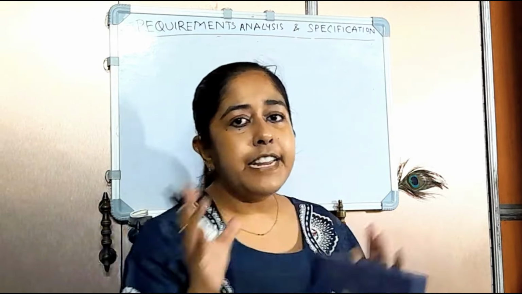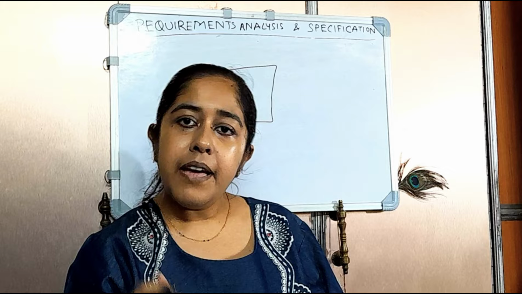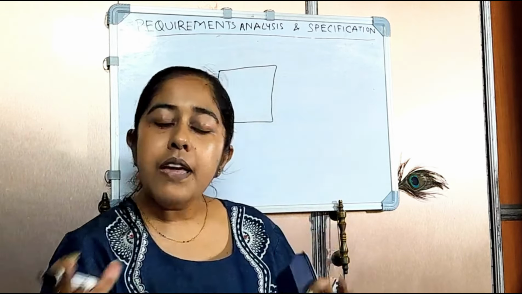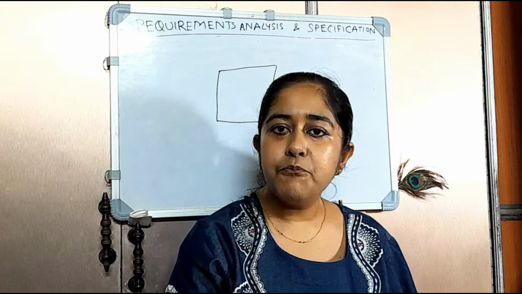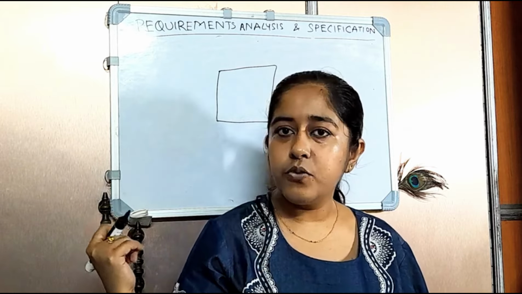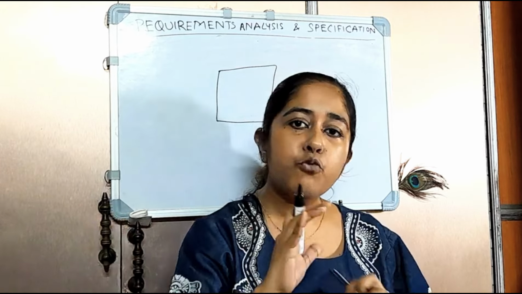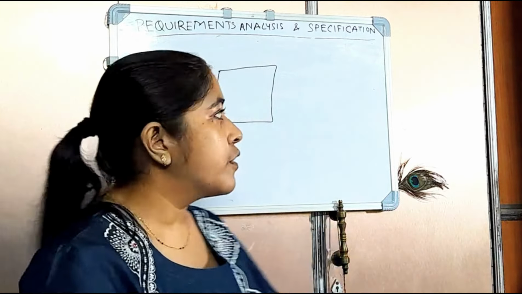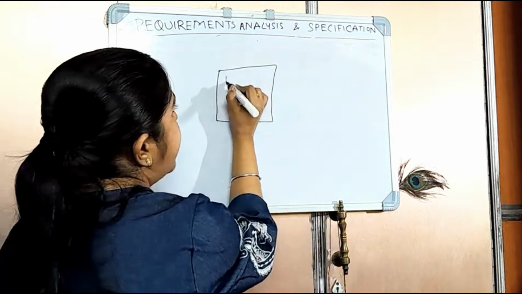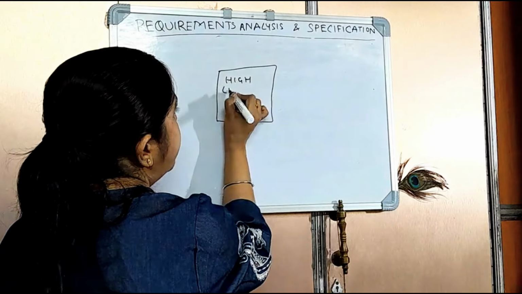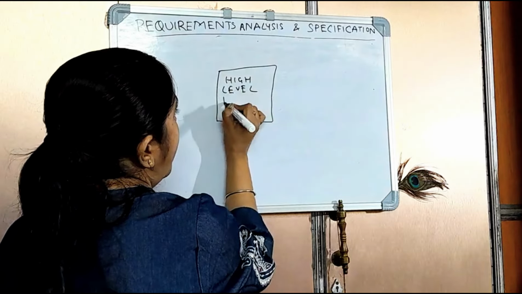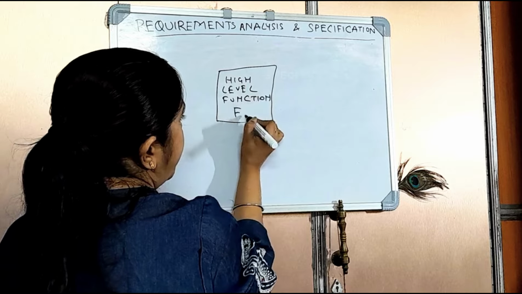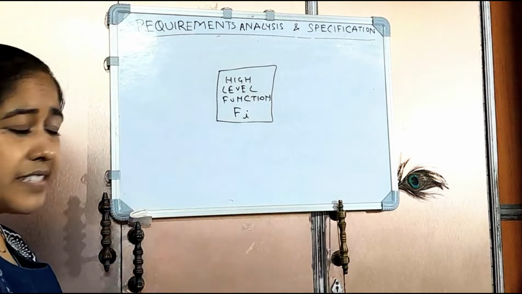It will take an input from the user, maybe one input, or maybe some more inputs, n number of inputs. This high level function processes that input and produces a particular output. Okay, this is our high level function, f1.